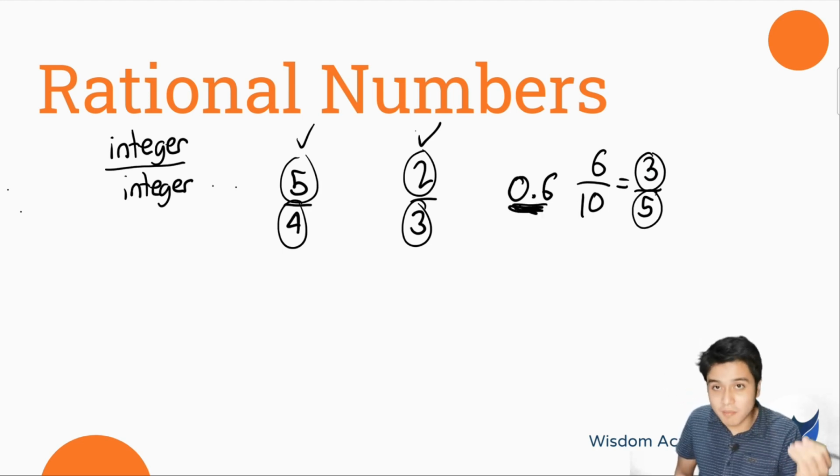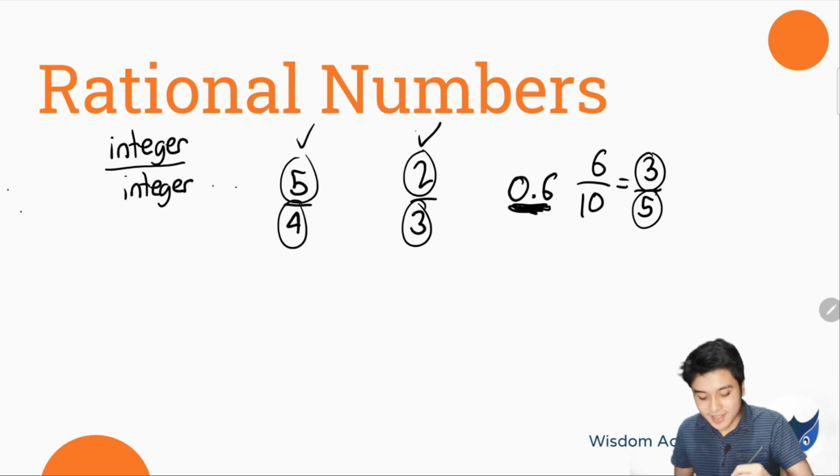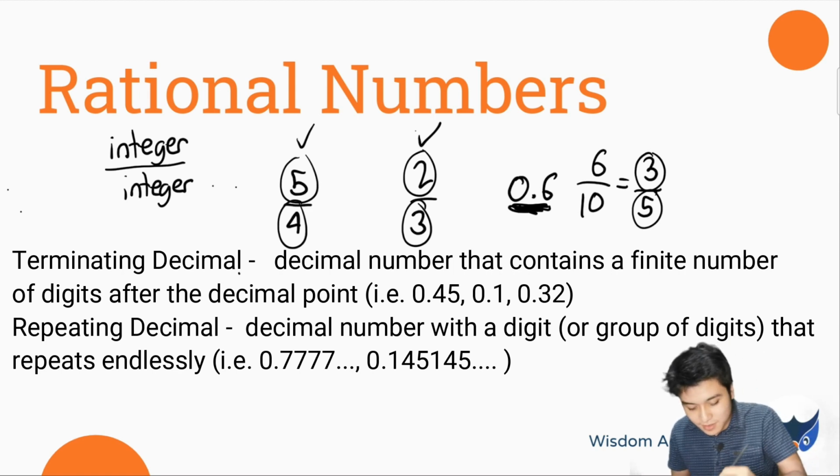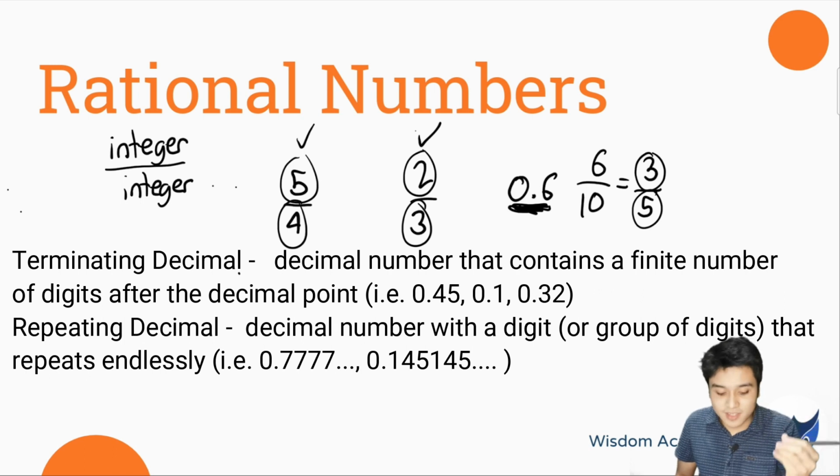Any decimal na mako-convert mo into a fraction or into an integer over an integer, that is a rational number. So, yung mga decimals natin, remember na kapag terminating decimal sila and repeating decimals, take note of that. Terminating and repeating decimals, those are rational numbers.